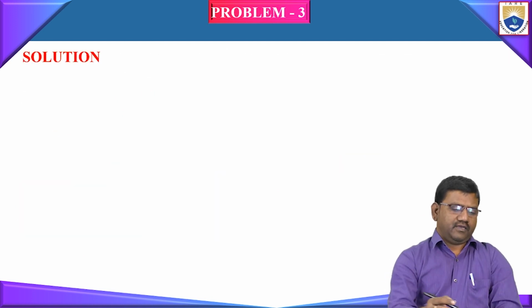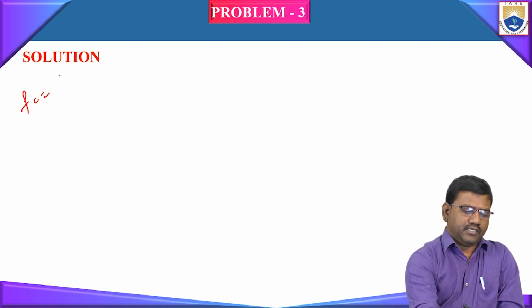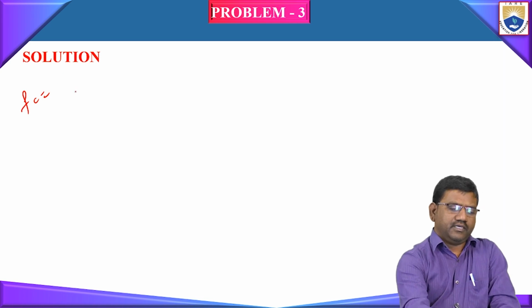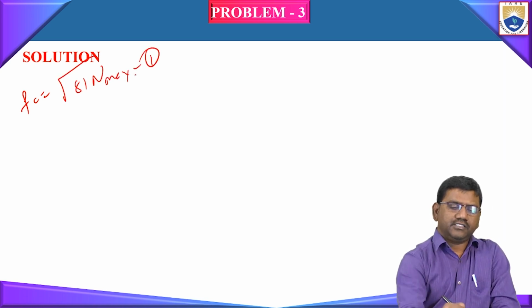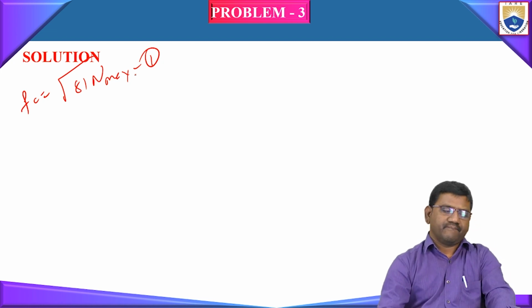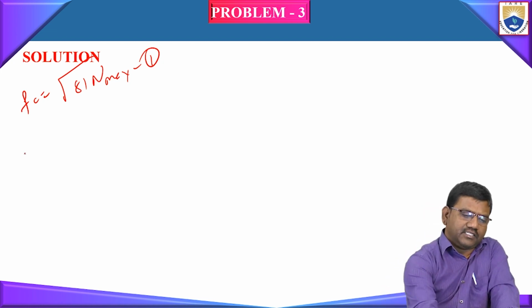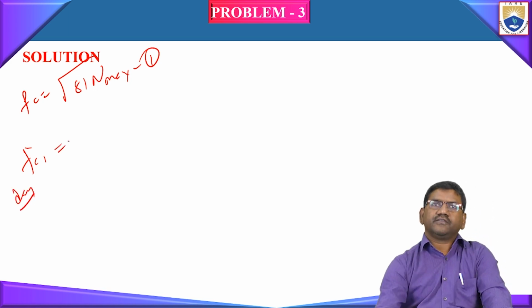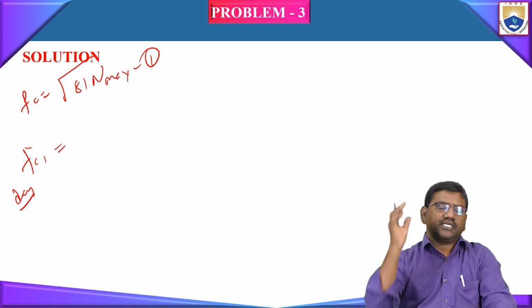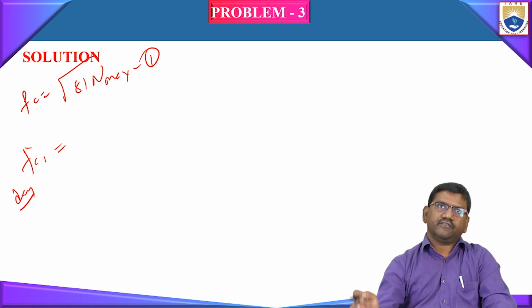So here Fc is equal to root of 81 n max. Call this equation 1. And here let us assume for daytime, for midday time, the critical frequency as Fc1. So the general formula is Fc is equal to root of 81 n max.